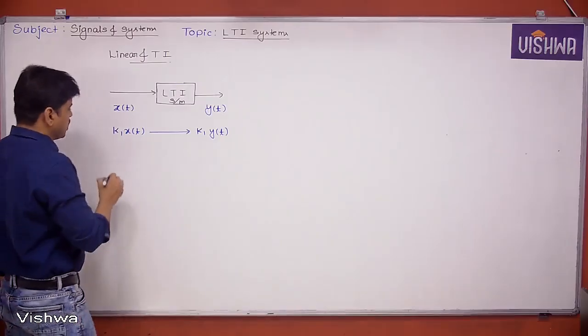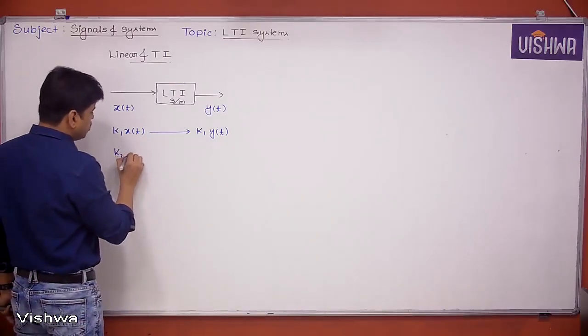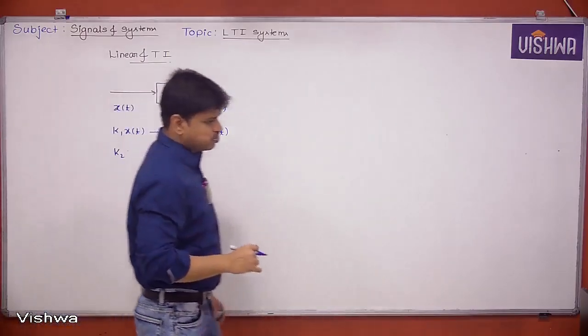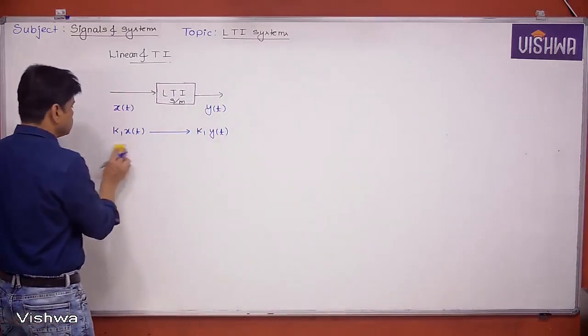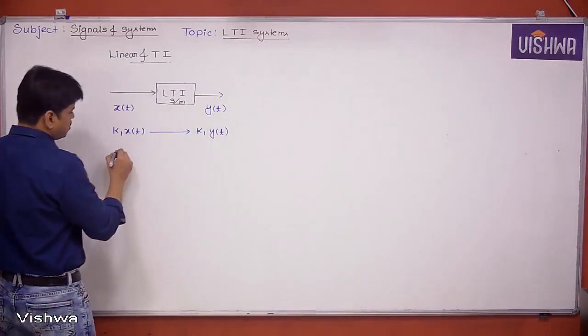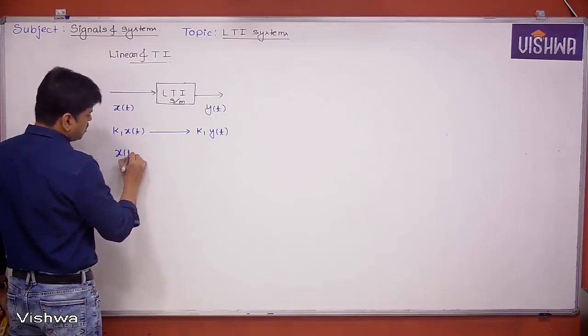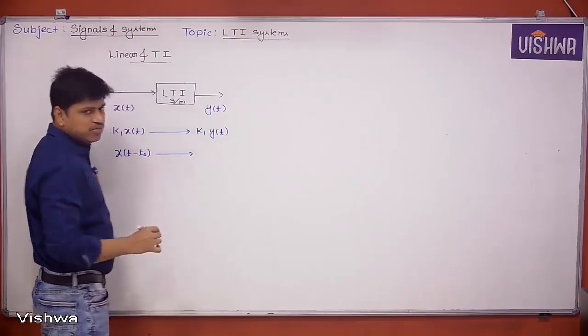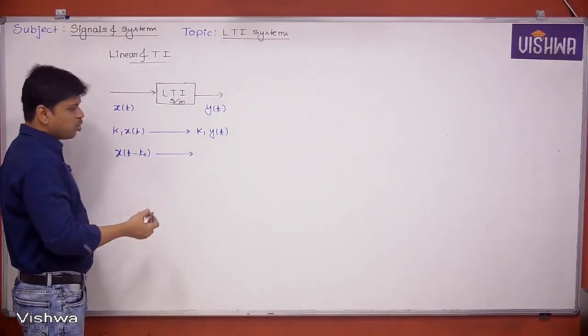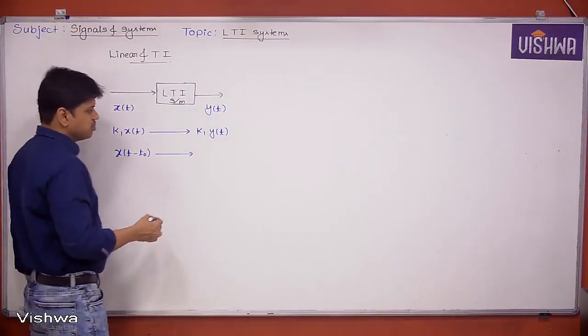Okay. Next, if I take x of t minus t naught, then because it is a time invariant system, the output is also delayed by the same time.